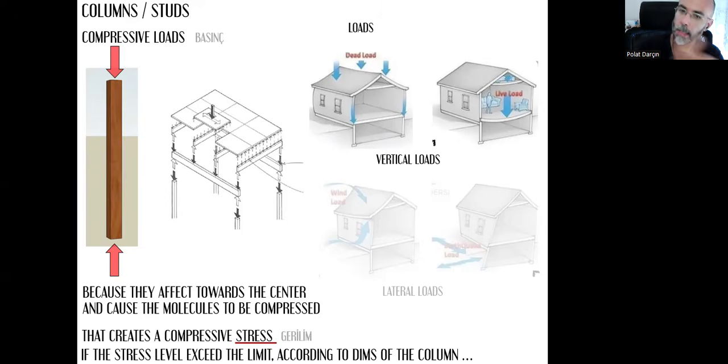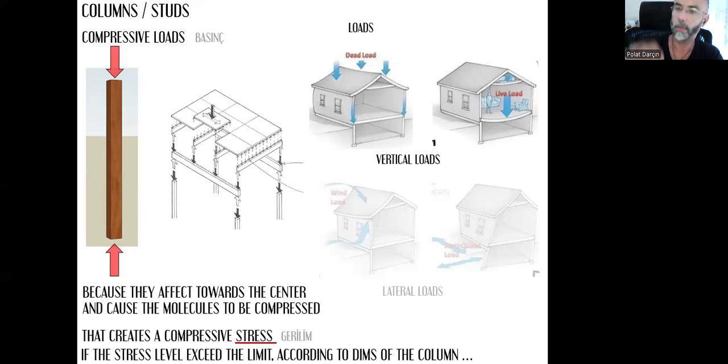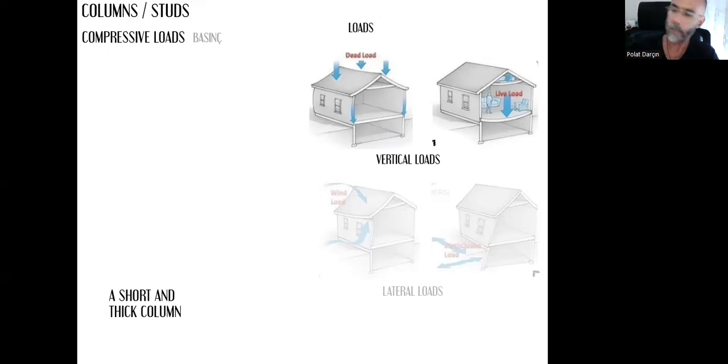If the stress level exceeds the limit according to the dimensions and the shape of the columns, there can be some bad consequences. So our columns need to meet and carry all the loads together. If the level is exceeded, if there is so much stress, based on the sizes and the shape of the column, there can be some bad consequences.